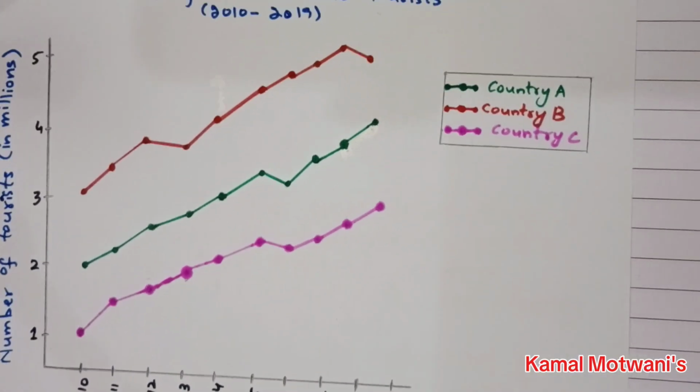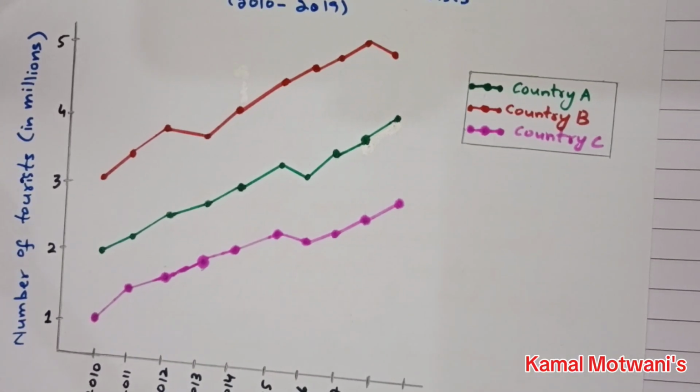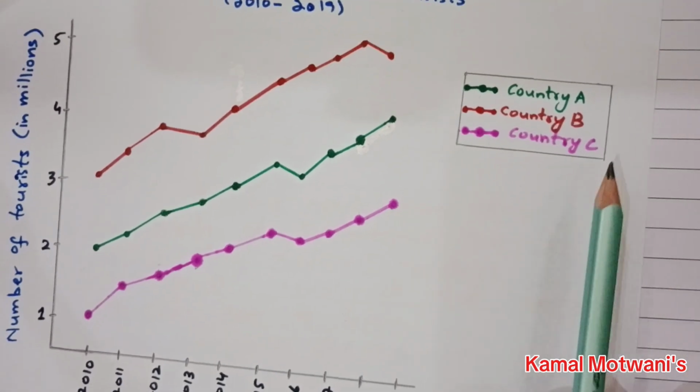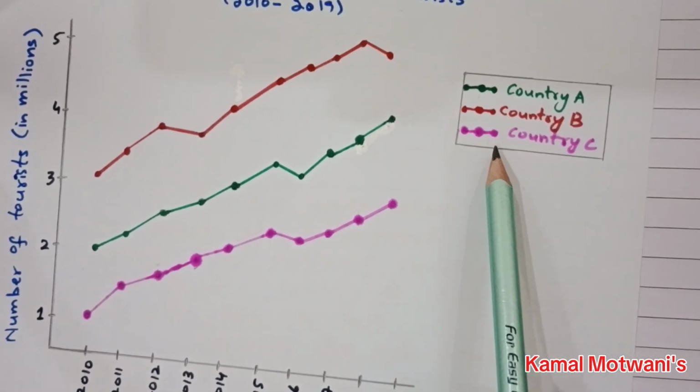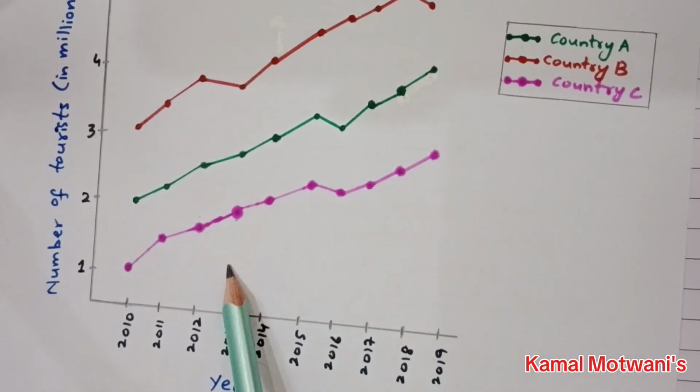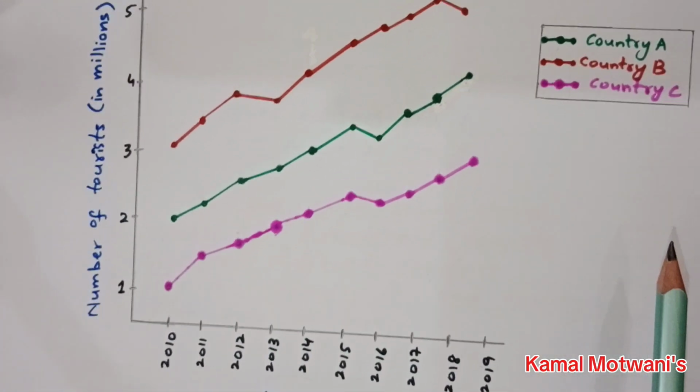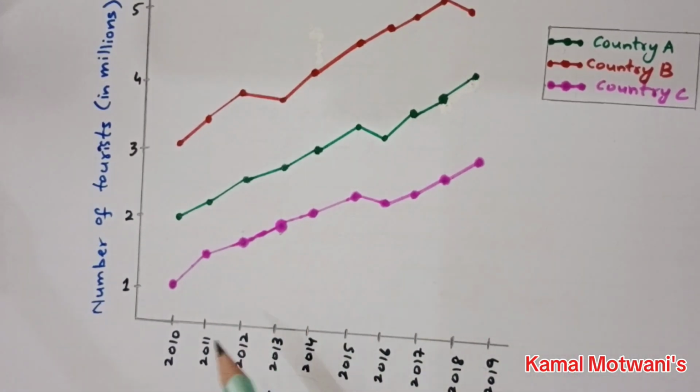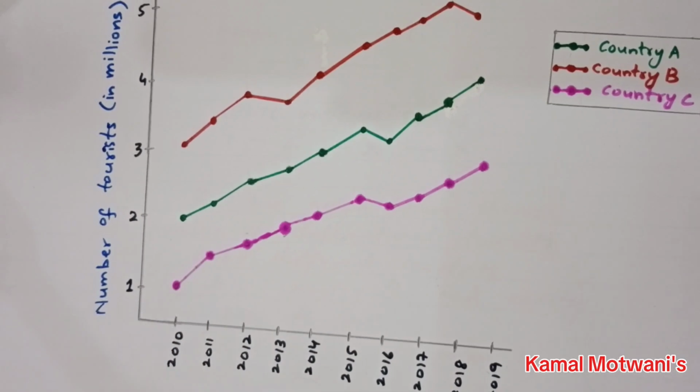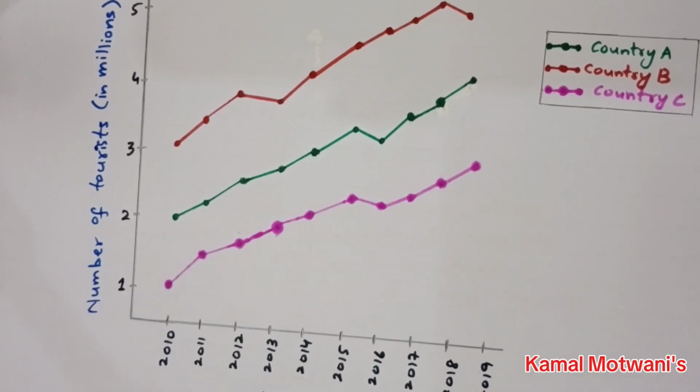Then the data of the third country to be interpreted is country C, which is represented by the pink line. So here is the pink line. Country C witnessed only 1 million international tourists in 2010.